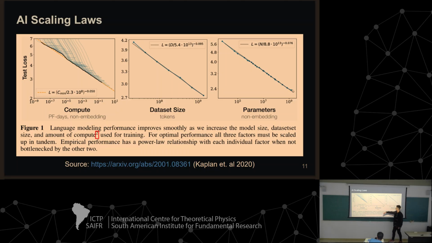And there are other power laws here with the size of the training data and the number of parameters in the network, all making the loss decrease. And there are many more scaling laws. All of them are in the paper, which is by Kaplan et al., 2020.